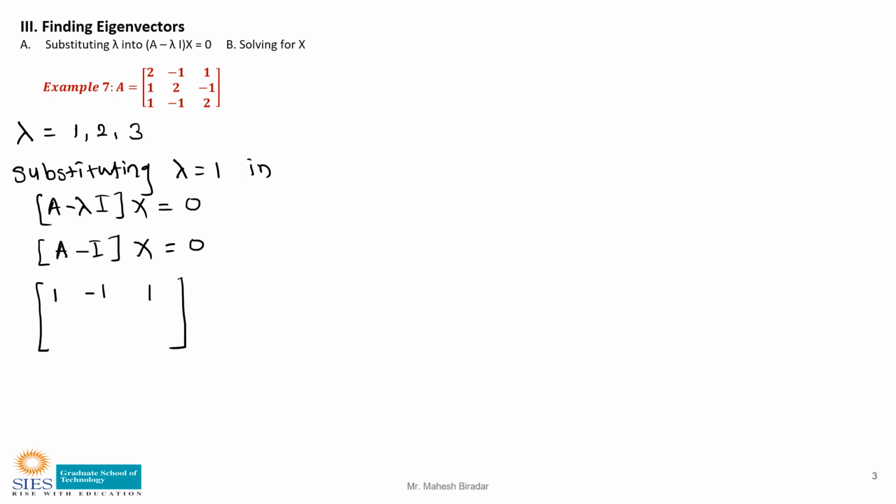So first row is 1 minus 1, 1. Second is 1, 1 minus 1. Third is 1, minus 1 and 1, into x1, x2, x3 is equal to 0, 0, 0. The given matrix is of order 3 by 3, so we'll take 3 components in capital X.